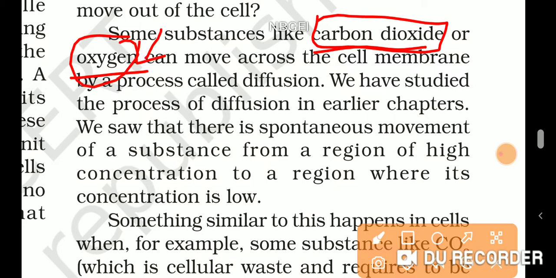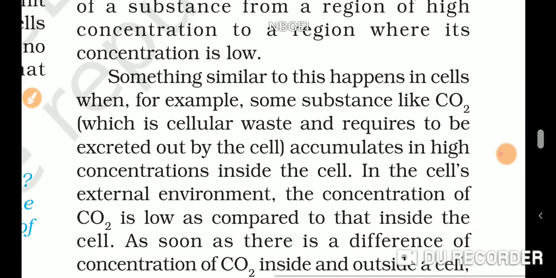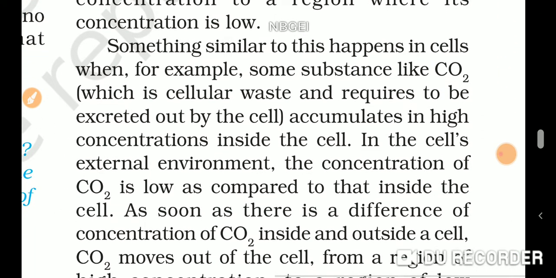We have studied the process of diffusion in earlier chapters. The diffusion process also takes place in this process of carbon dioxide excretion and oxygen intake. Something similar happens inside the cell.